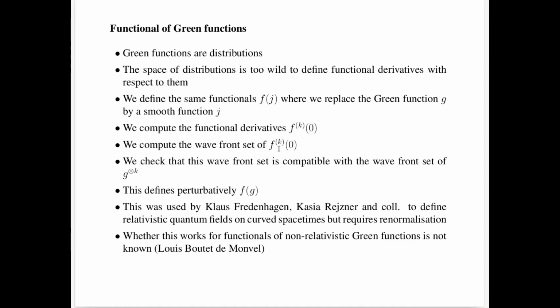And then you can check that this wavefront set is compatible with the wavefront set of the Green function that you want to use. And this defines perturbatively f of g. And if you can prove that this expansion converges, then you have a non-perturbative definition of f of g.